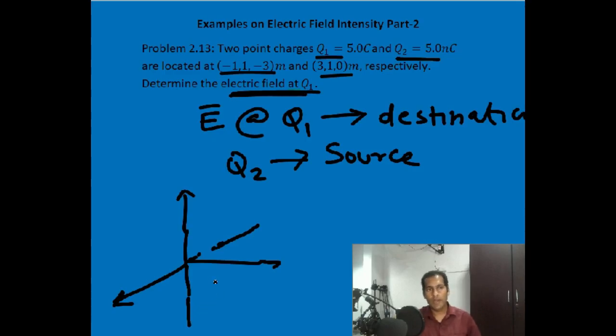If we want to identify the point's location, how can we identify? Say for Q1, the point is -1 on the x-axis. So this is our x-axis, this one is y, and this one is z. On the x-axis it is -1, so it is going somewhere backside. Then on the y-axis it is 1, say somewhere here.